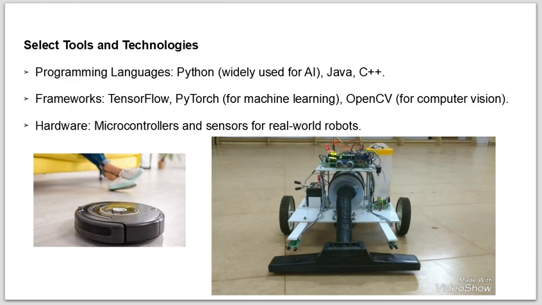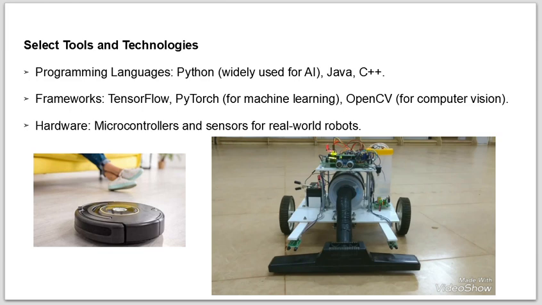Then hardware, microcontrollers and sensors for real world robots. Example, for the cleaning robot, you might use Python with libraries like OpenCV for image processing and TensorFlow for learning dirt detection patterns.